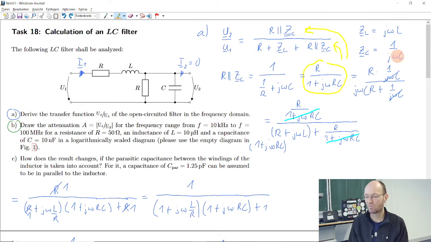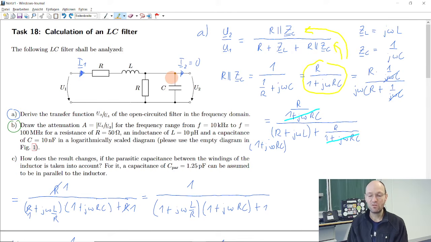So for small frequencies, 1 over something small is something large. So for small frequencies, we have a large impedance. Current needs to go this way. But for high frequencies, 1 over something high is something small. So for high frequencies, this is like a short circuit to ground. So high frequency currents that would somehow pass this inductor would be dissipated over this capacitor and return via ground back to the source.